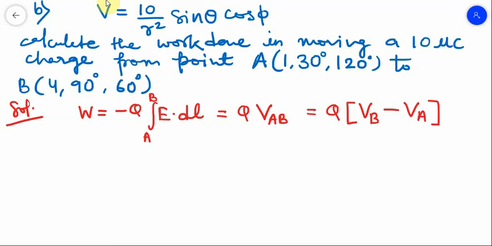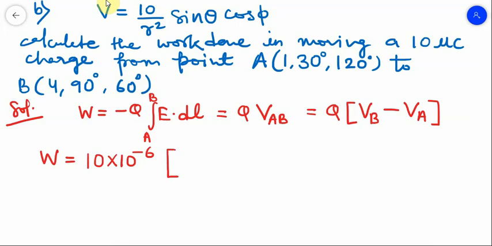Now if we try to solve this numerical with this formula, then W will be equal to Q, and what is Q? 10 microcoulomb. Since it is microcoulomb, we will have to convert it into coulomb. So 10 into 10 power minus 6.